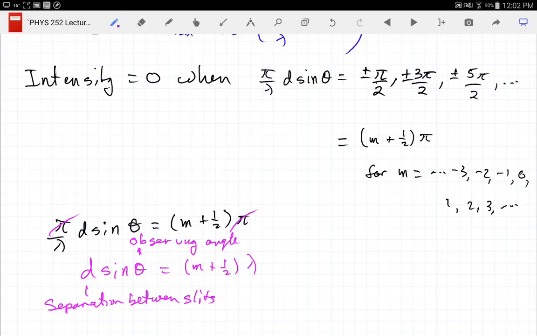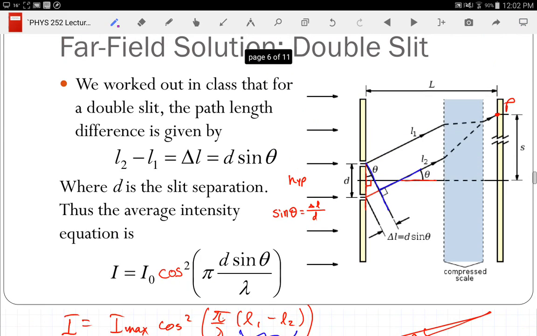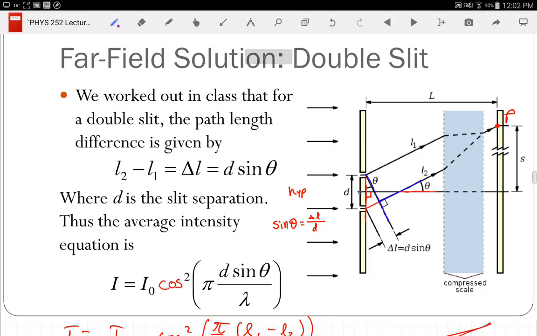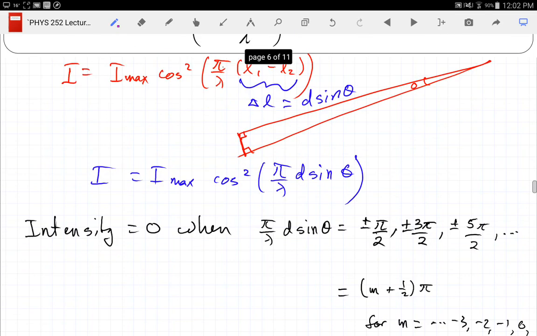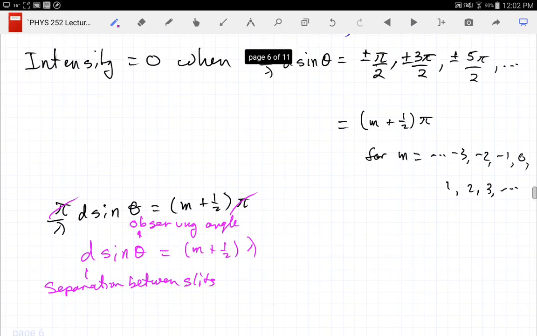You have to know what your observing angle means, and it's the angle between, I'll go back to the picture so you can see what she was talking about, the angle between the line that goes from the center between the slits to the screen and the line that goes from the center between the slits to the observing point. That's how we define theta. And then the final thing, of course, m is a counting number and lambda is the wavelength. I'm not going to spend time on those because you're pretty clear on those.